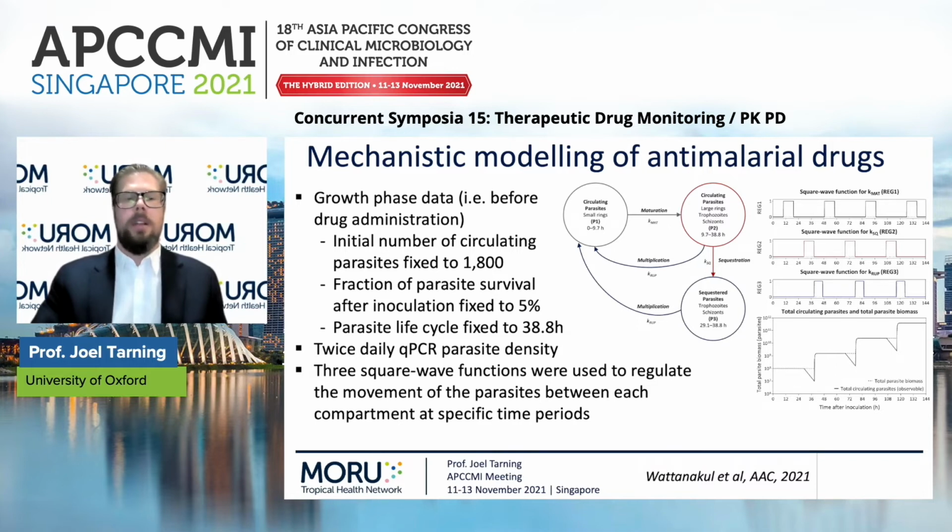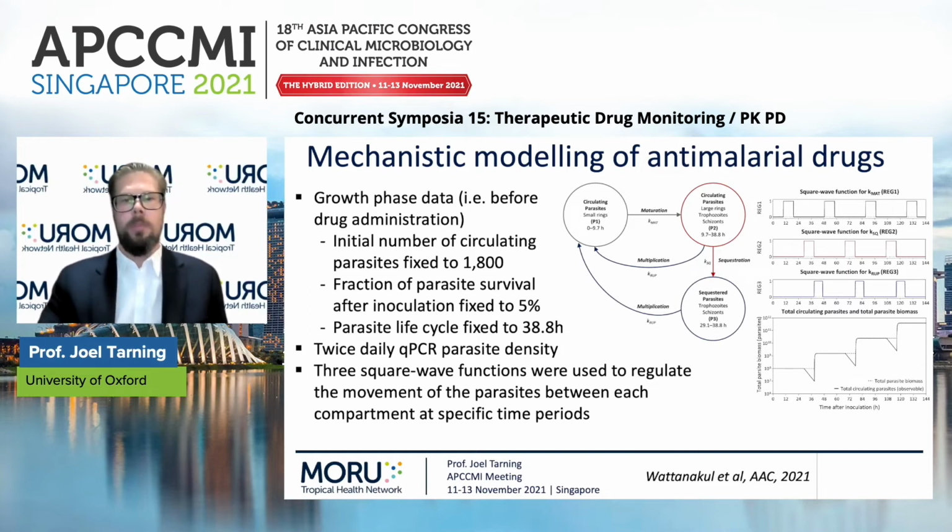We also had previous data on the parasite life cycle length, and that was fixed to 38.8 hours. So not the normal 48 hours associated with wild type infections. But remember that this is a laboratory strain, so there can be alterations in the parasite life cycle, for example. We had qPCR density measurements twice daily, and this is the structural model that we developed.